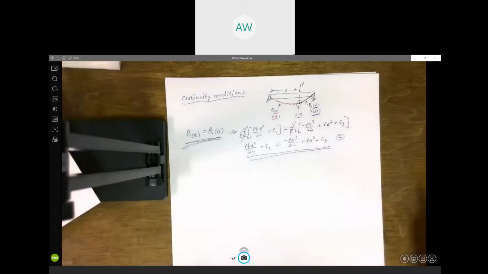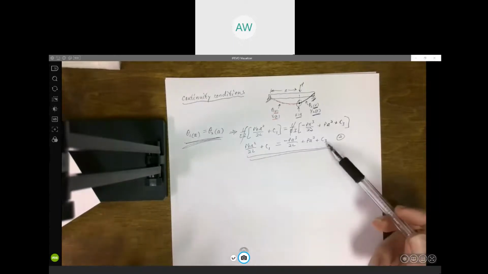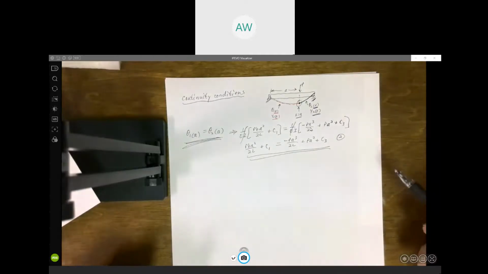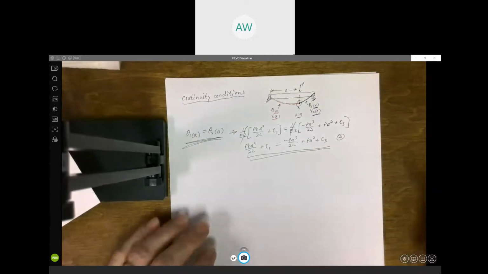Call this equation 2. Remember what I called equation 1, we had two unknowns in there, C3 and C4. Here I've got this equation, my two unknowns are C1 and C3. We've got one more equation we need.